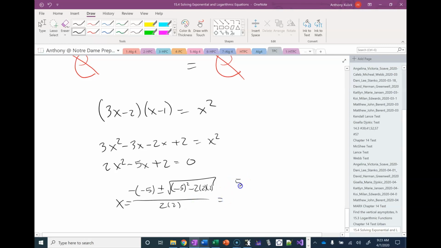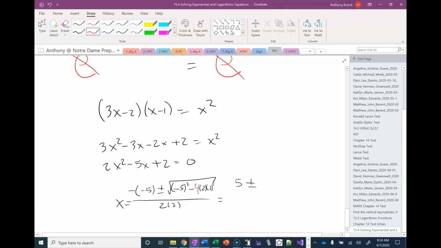So negative of negative 5 is positive 5. Negative 5 squared is 25. And 25 minus 8 is, oh, hold on, folks. This is 4AC.